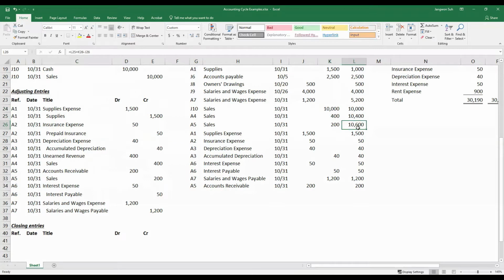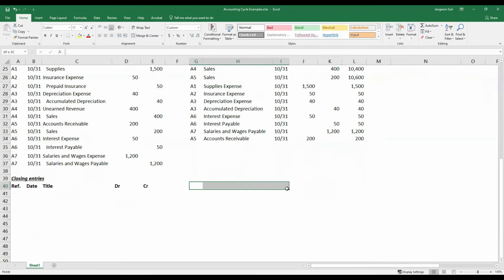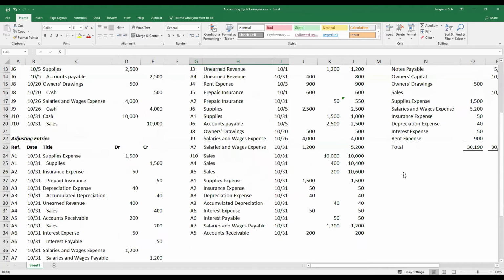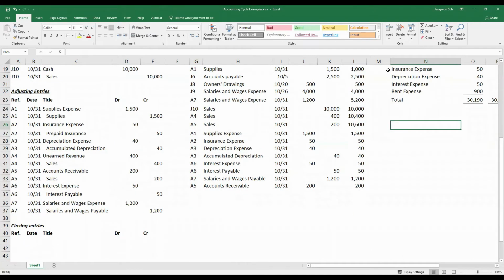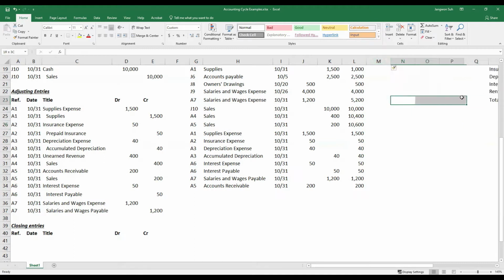In total, this is 10,600. You need to make it zero. Then how? Again, for educational purposes, I think it would be good to draw a T account. You don't have to follow this one. I'm just drawing the T account for your benefit, for your understanding.